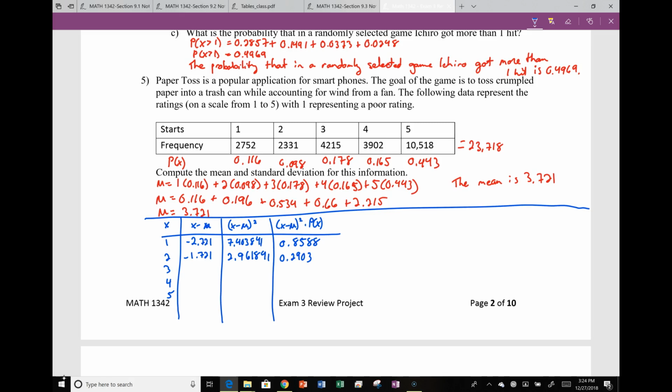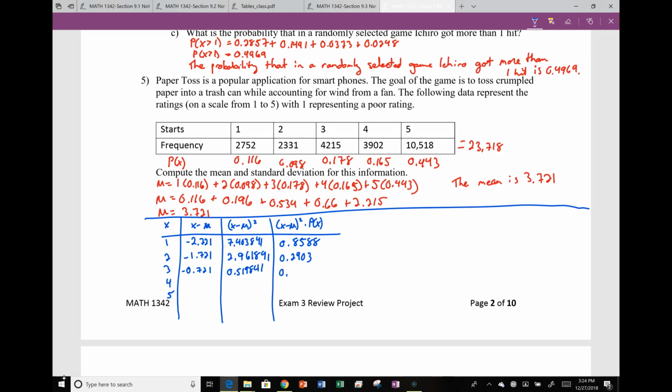We'll take 3 minus 3.721. Gives us a negative 0.721. Negative 0.721 squared is going to be 0.519841. This value is going to be multiplied by its probability of 0.178.